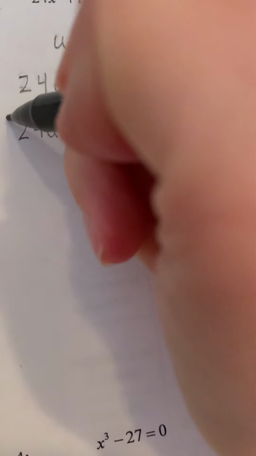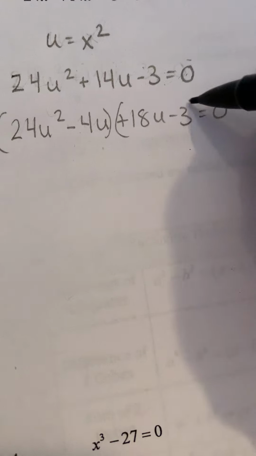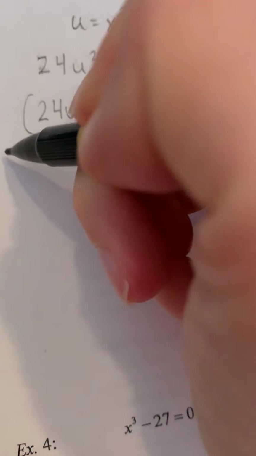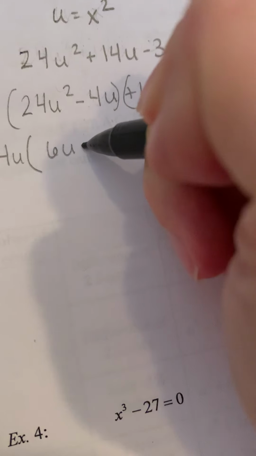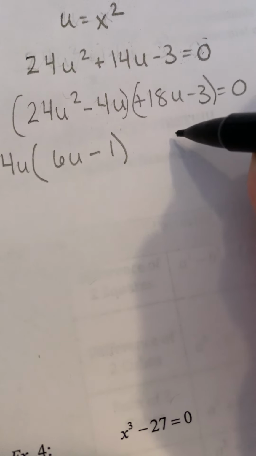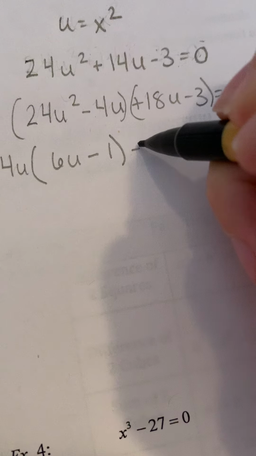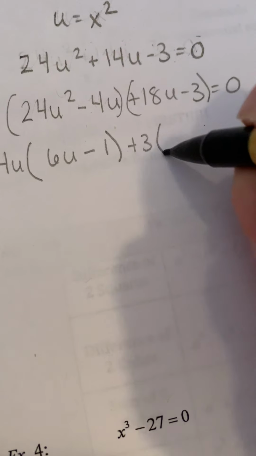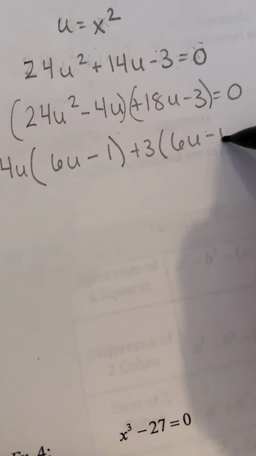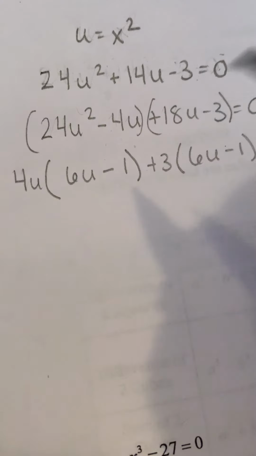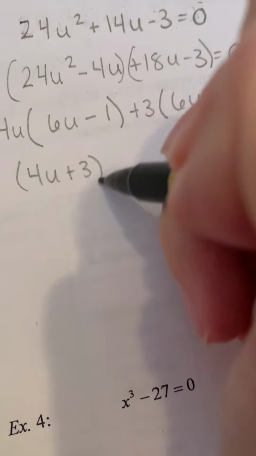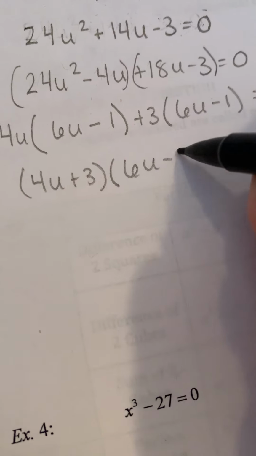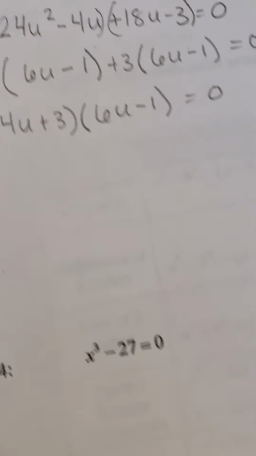And now we group. Group the first two terms, the second two, factor out a 4u here. We get 6u minus 1. Factor out a positive 3. And we get 6u minus 1. These match, so that's good. And now we have 4u plus 3 times 6u minus 1.